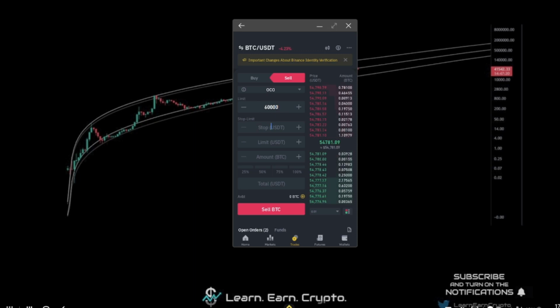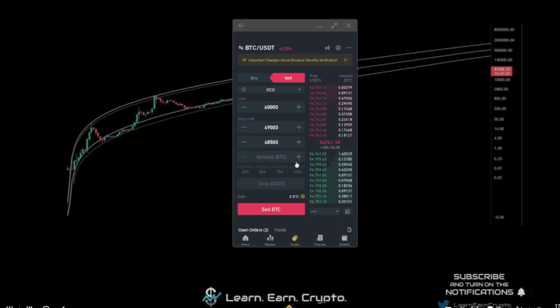Stop is your stop limit order's trigger price. And let's set this to 49,000 US dollars. And let's set the limit order to 48,500, and you can put the total amount of Bitcoin you want to sell.